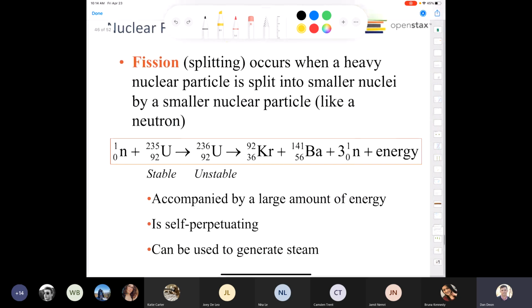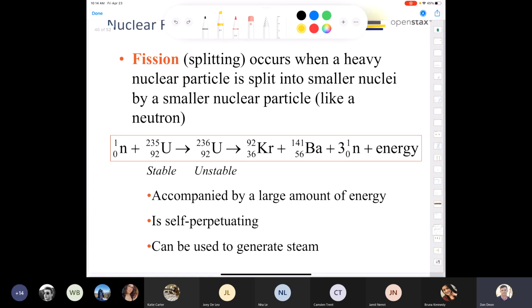Well, if we have a really heavy nucleus, we mentioned way back in the last lecture, when we looked at the concept of nuclear binding energy per nucleon, that a nucleus heavier than iron-56 is going to tend to undergo what's called fission, or splitting.